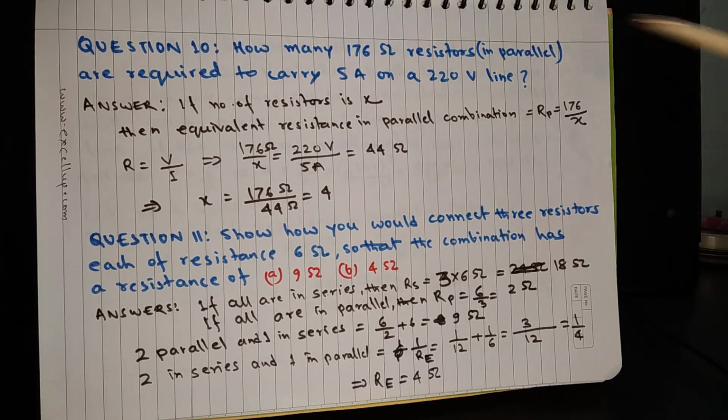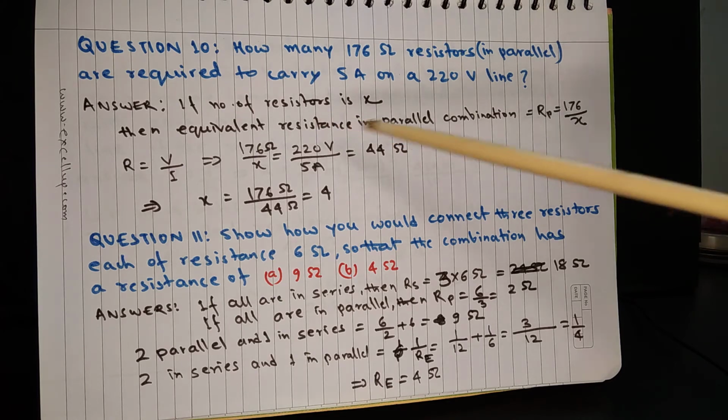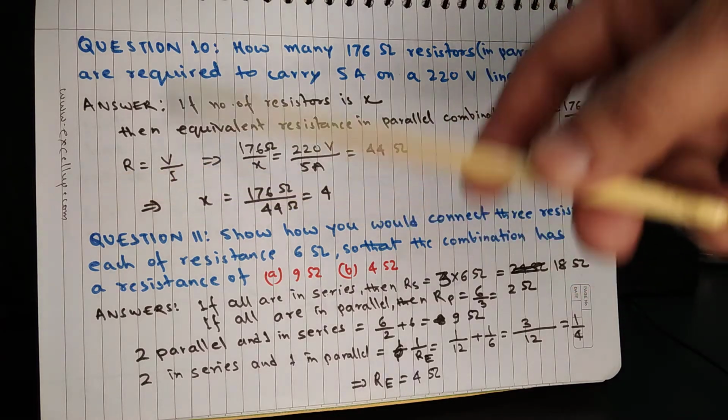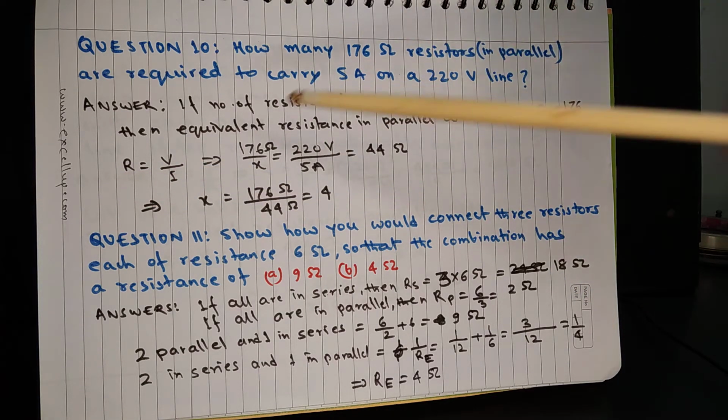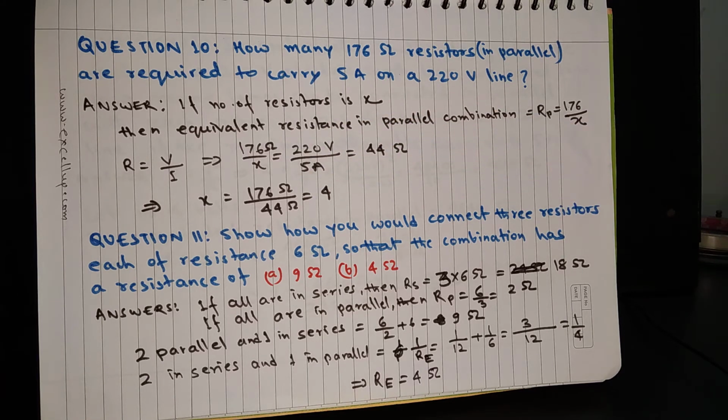Question 10. How many 176 ohm resistors in parallel are required to carry 5 ampere on a 220 volt line? Let us assume that the number of resistors is X. In that case, the equivalent resistance in parallel combination would be 176 upon X. Now R is equal to V upon I, so 176 ohm upon X is equal to 220 volt upon 5 A, which is 44 ohm.